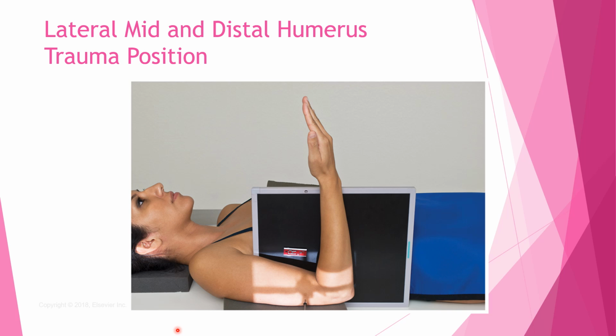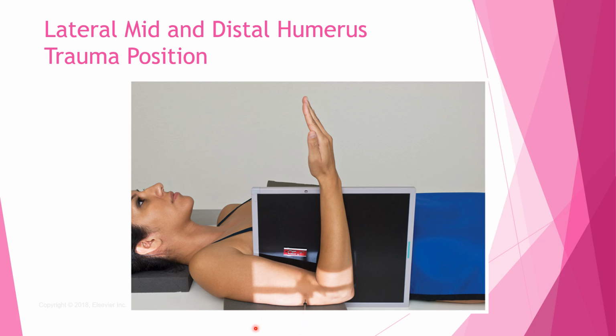So this is a cross-table lateral view. You can see right here, this pointer is representing that it's a horizontal beam. So you're achieving a lateral view of the distal portion of the humerus by moving the tube to be in a horizontal position and shoot across the humerus.